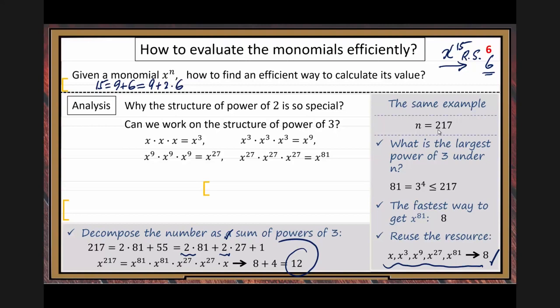When you do preparation to get x cubed and x to the 9th, how many multiplications do you need? 4, right?